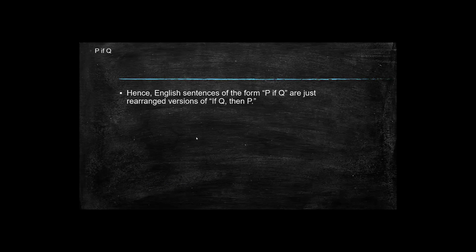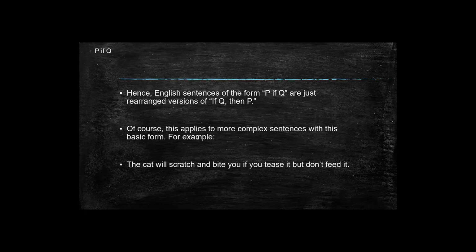Hence, English sentences of the form P if Q are really just rearranged versions of if Q, then P. Of course, this applies to more complex sentences with this basic form. For example, the cat will scratch and bite you if you tease it, but don't feed it. I won't give the solution to this, but you should stop and symbolize it yourself as well.